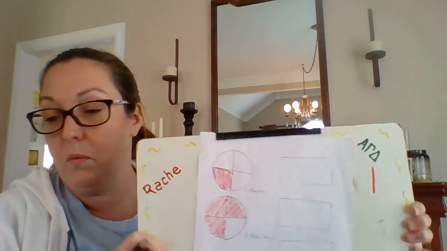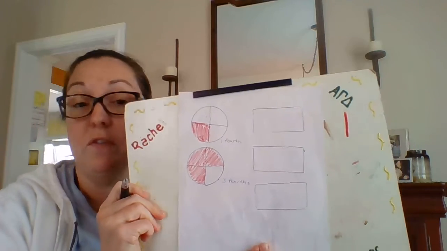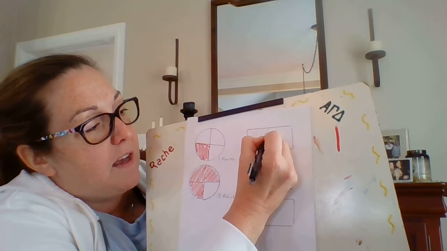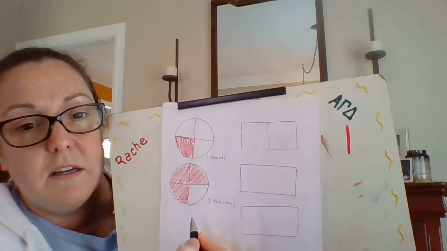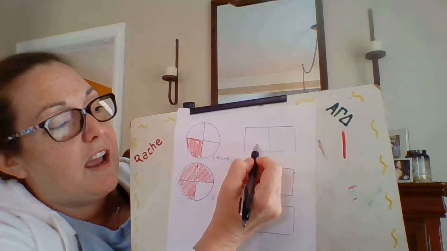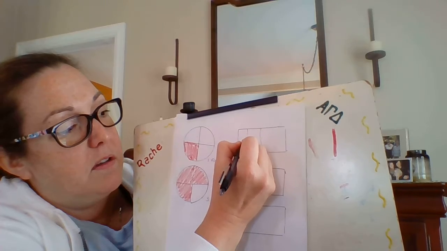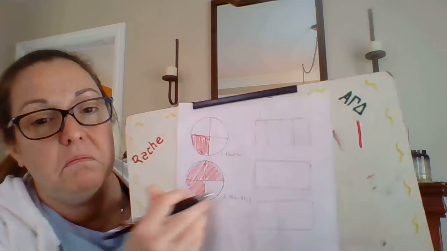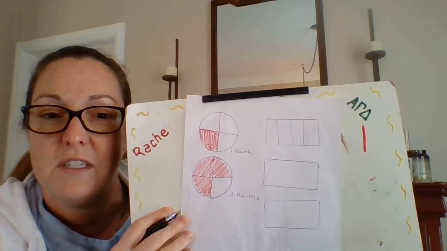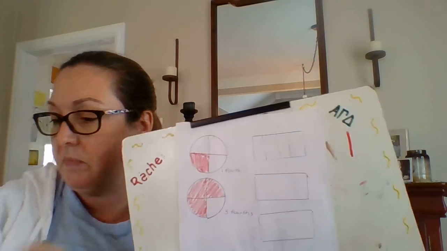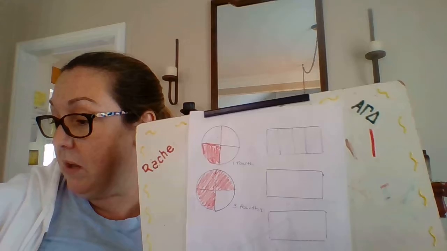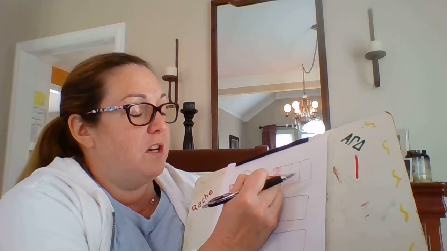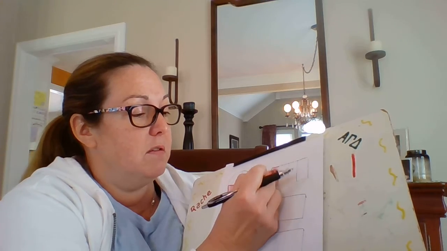One way to partition and show fourths is to divide it down the middle first, and then to cut each half in half, like this. That looks like fourths, doesn't it? That's 4 equal pieces. So fourths of a rectangle could go like this, and we would just color in one of them if you wanted to show 1/4.